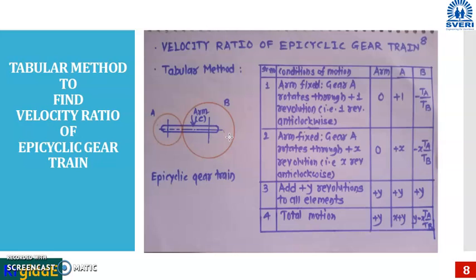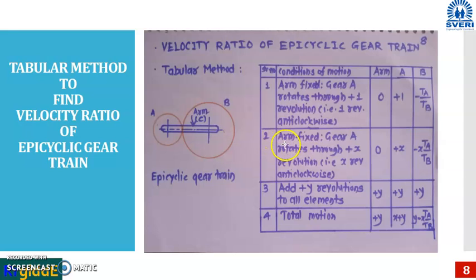NA is equal to 1, so therefore NB is equal to TA upon TB. This is the train value, and we have included minus sign because when A is going to rotate in anti-clockwise direction, that we have considered positive. B will rotate in clockwise direction, that we need to consider as negative.